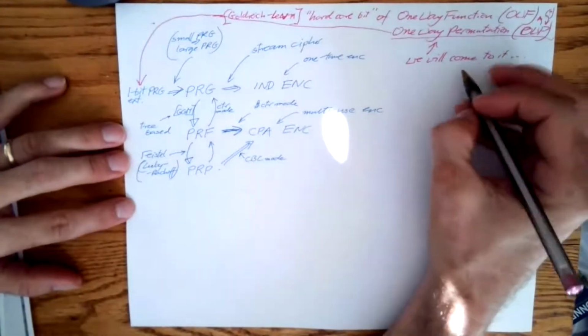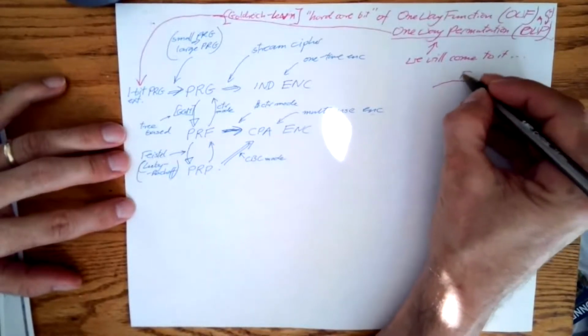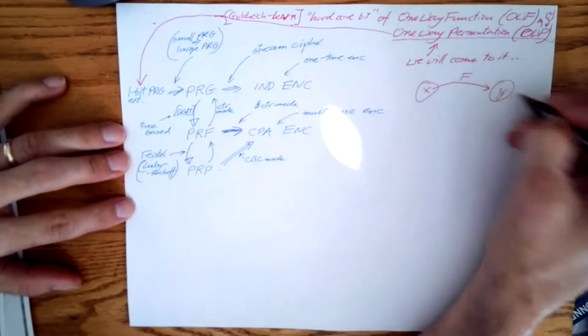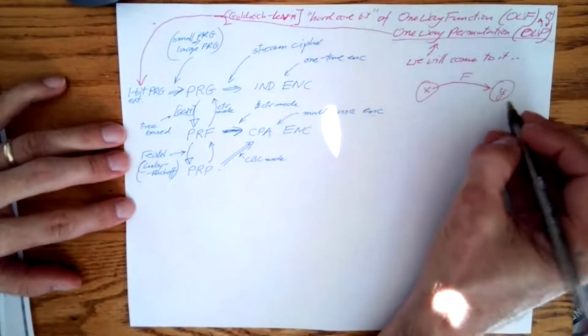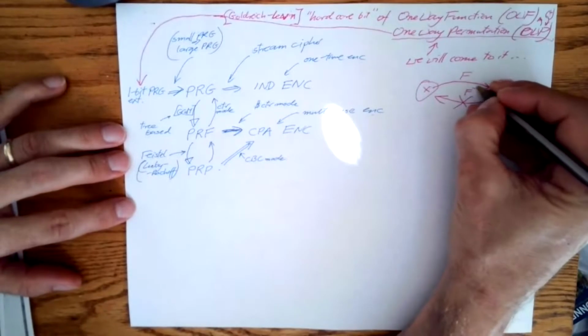What does come up in mathematics is that you have some transformations, some functions from inputs to outputs that appear easy to compute one way, but hard to invert.